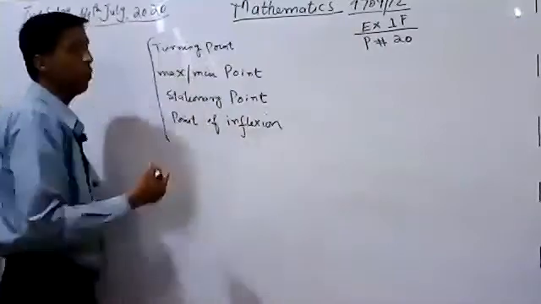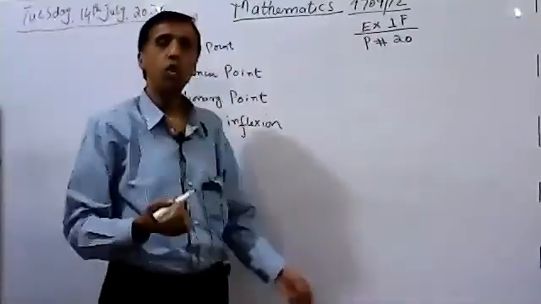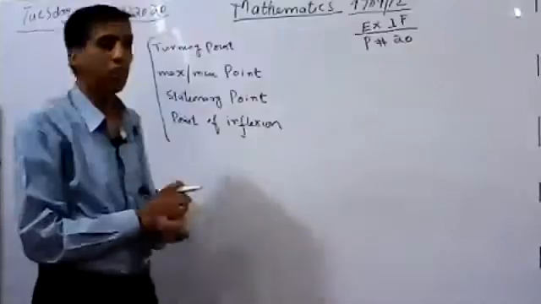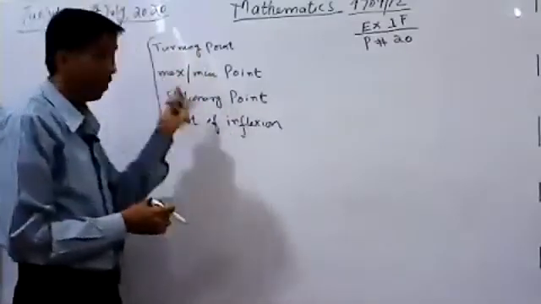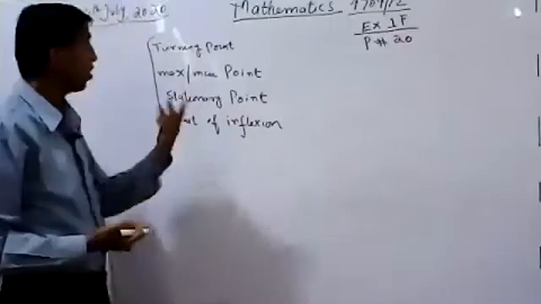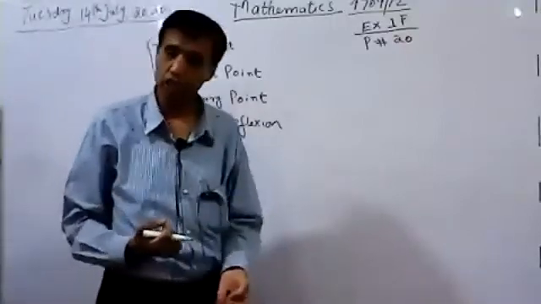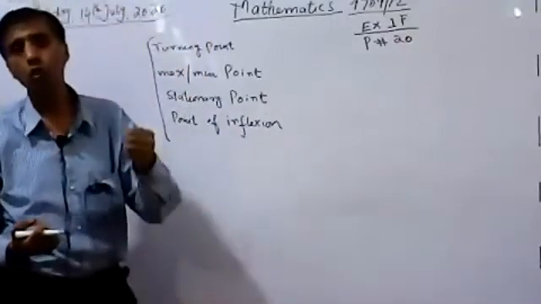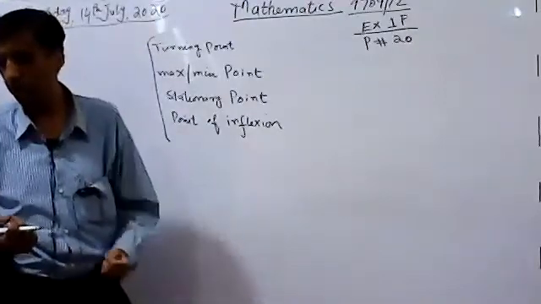Whatever term Cambridge will use, we will do the same process. Sometimes he says get the turning point, the maximum point, minimum point, stationary point, point of inflection. Then we will use the same process to solve it.